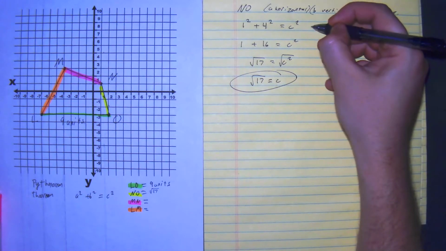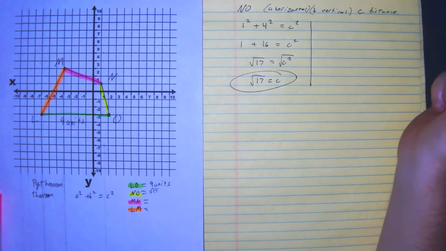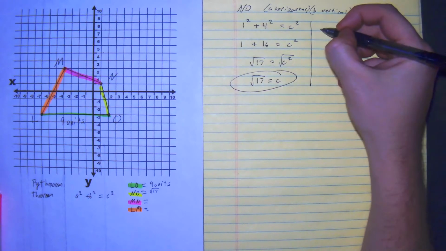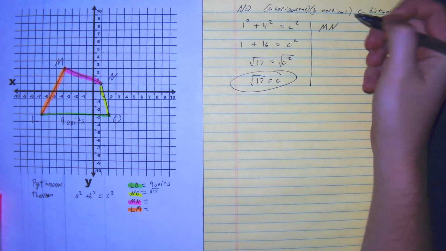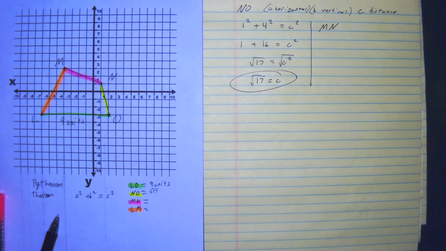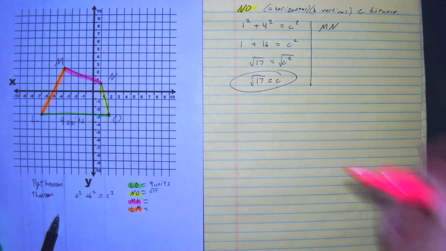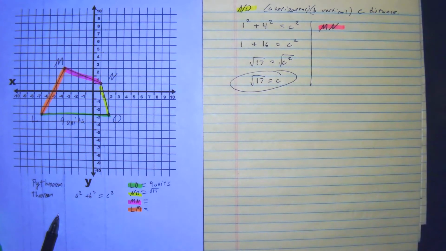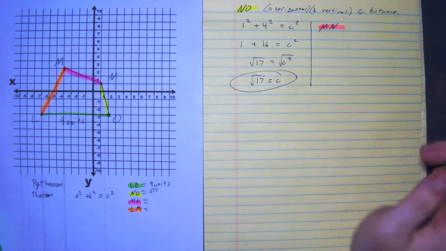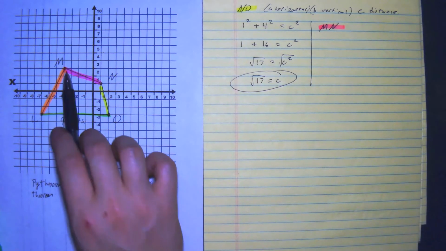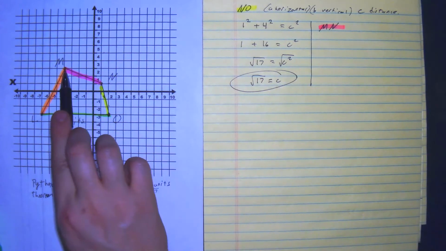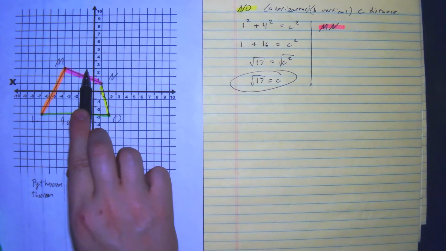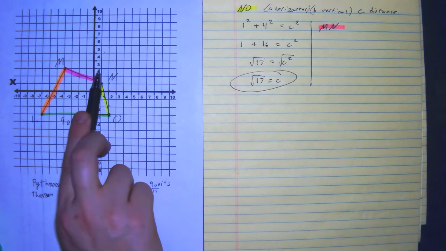Alright, let's focus now on MN. Let me just have a color just so I can keep myself organized. This was for NO. Now we're on MN. Again, we're going to follow that A is horizontal, B is vertical. It doesn't matter where you start. I'm just going to start at M and then go from here. 0, 1, 2, 3, 4, 5.